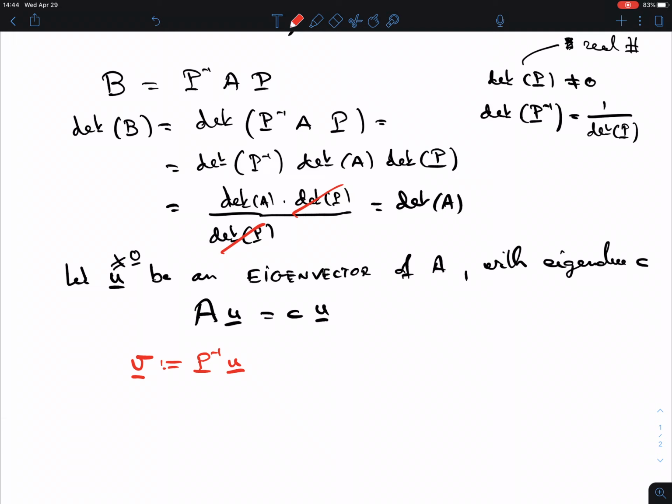I didn't say what the size is. It could be 2 by 2, could be 3 by 3, could be even higher. And the result of P minus 1 times U is a vector, so I can calculate this vector, right? So I now want to compare this. How does B act on this vector?